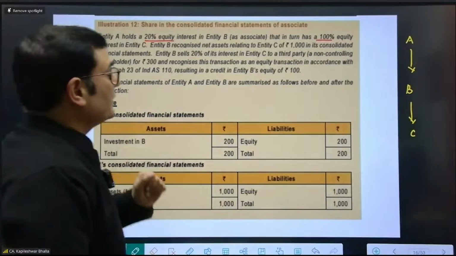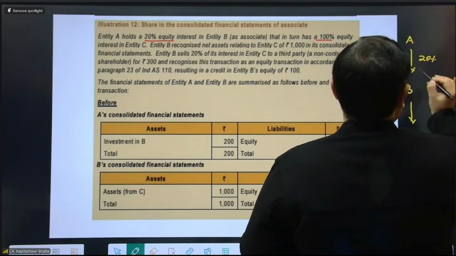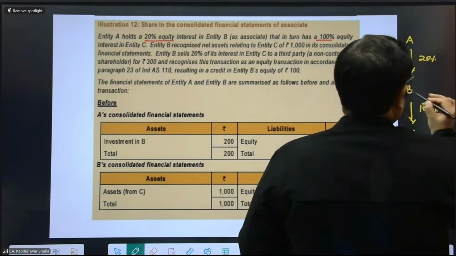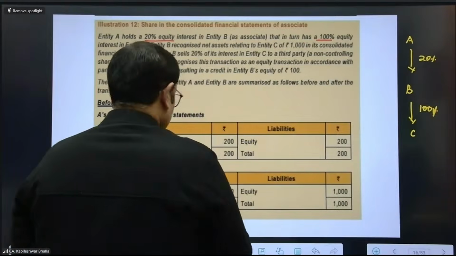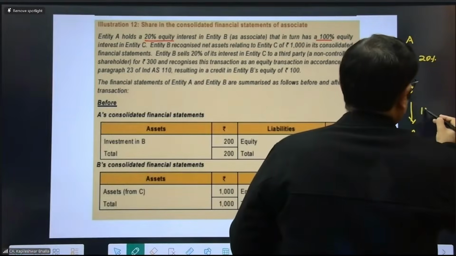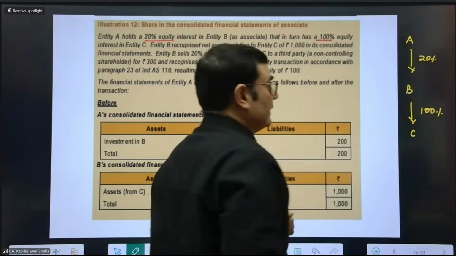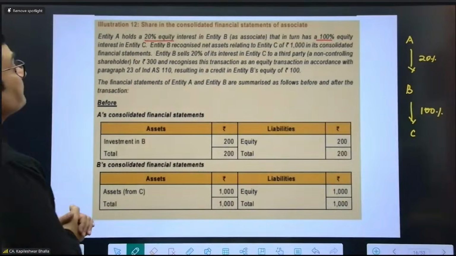A has a 20% stake in B, and B in turn has a 100% stake in C. So we can clearly see that A has significant influence over B, and B has control over C.